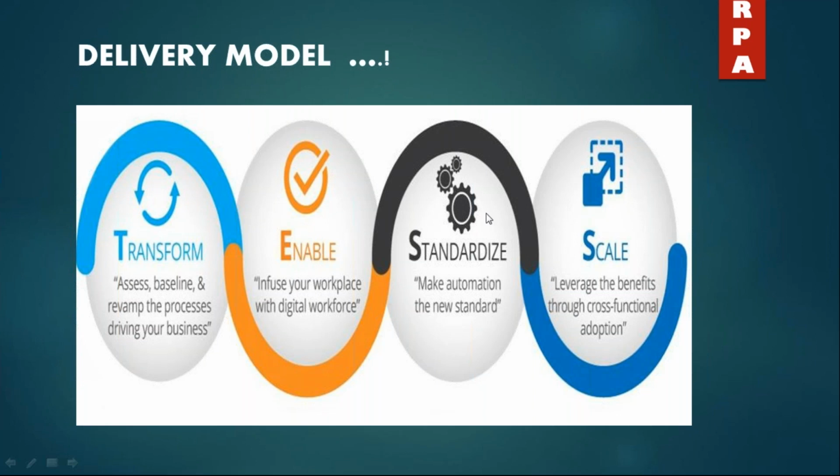Standardize means we need to standardize the particular process. Suppose for example the process is running and 80% completes successfully, so 20% is the failure rate. Then we need to fix the issues for the 20% failure rate also. That means we need to standardize that particular process.